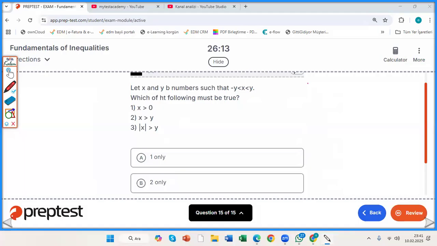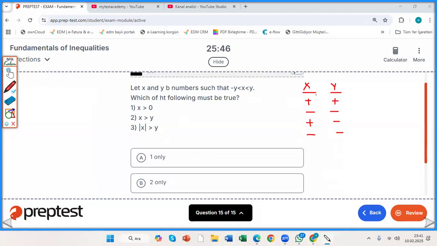What I mean is, here are x and y, and assume that x is positive and y is positive. Assume that x is negative, y is negative. Positive, negative, negative, positive. Here are all our options, but right now you'd better check each option.